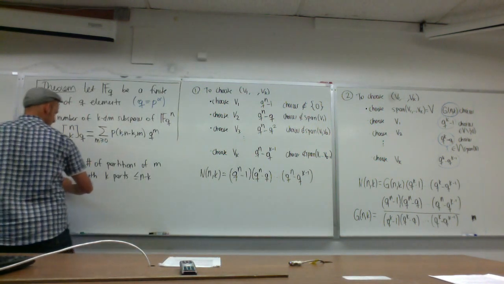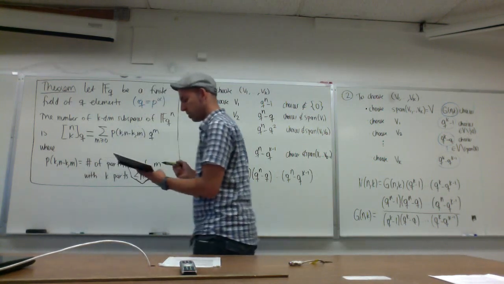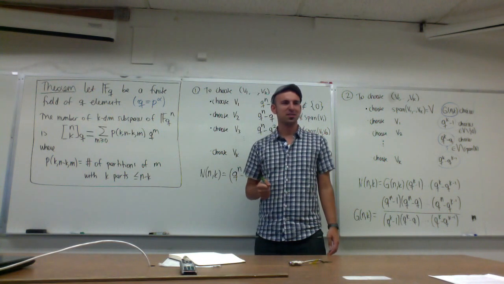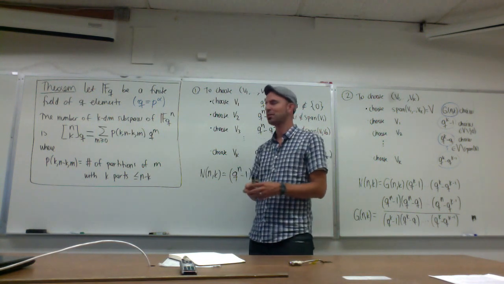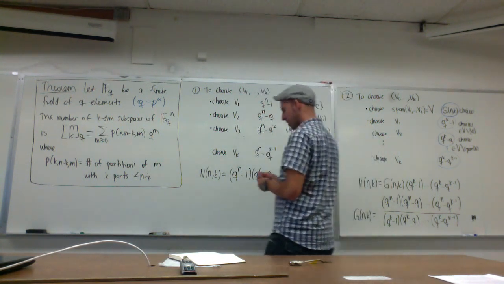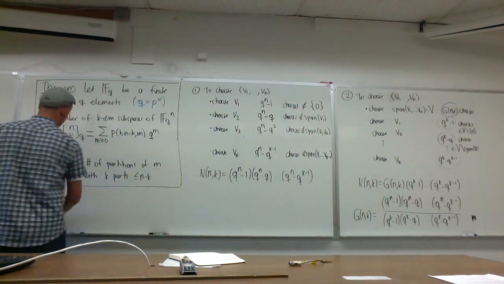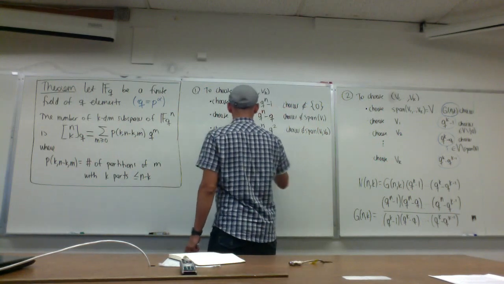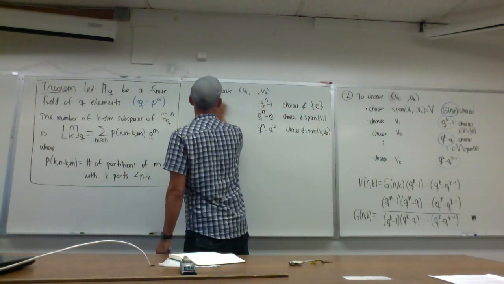So let's talk about what this means. Have I defined partitions in this class yet? I think I haven't. But we've defined things that are very similar. So partitions are very similar to compositions.